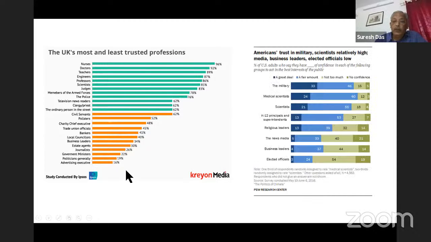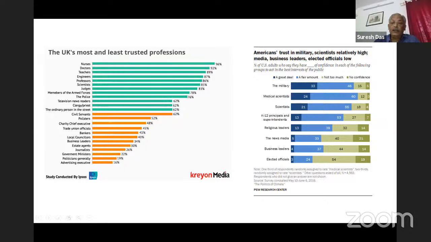And it's the same thing in the US. Here it is the military which is most trusted, but then you have medical scientists and scientists fairly near the top. We don't have a survey like this in our country; I couldn't find one, and I'm sure it would turn out very differently. But what is interesting here is how journalists, politicians, and others are perceived by society.